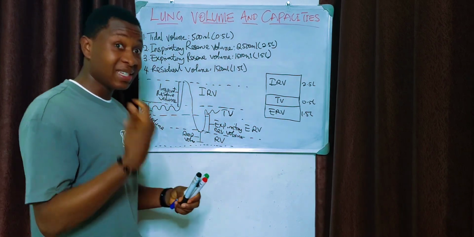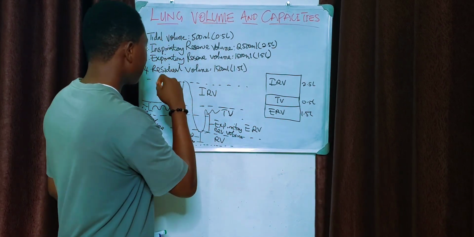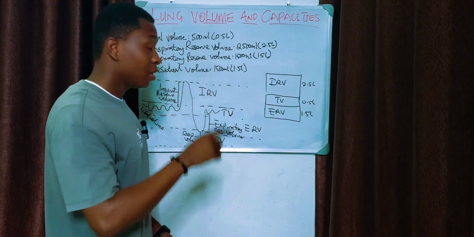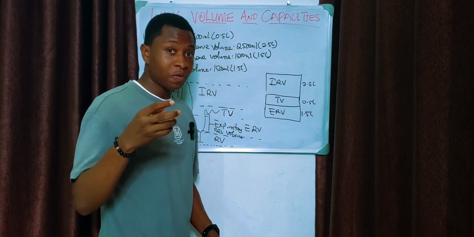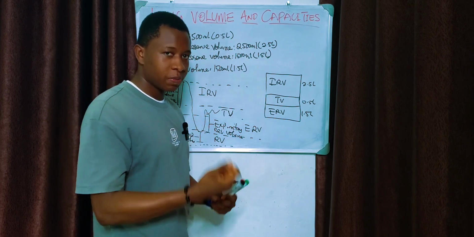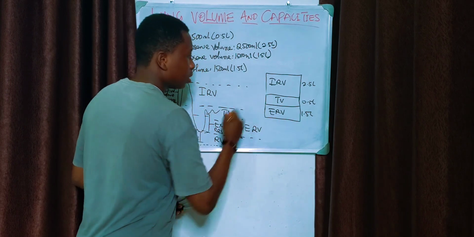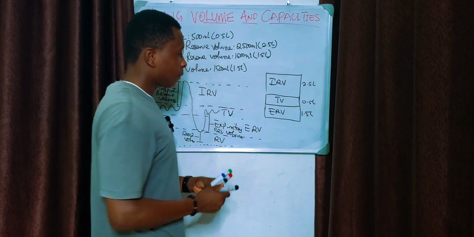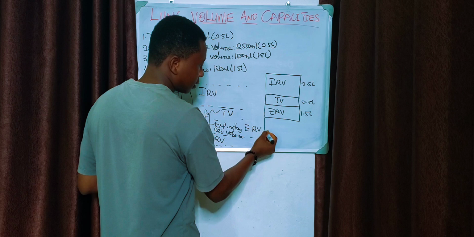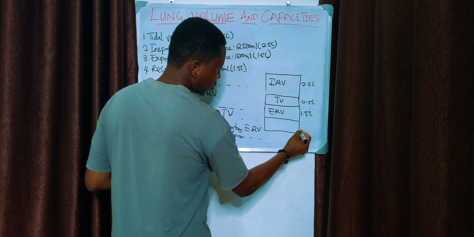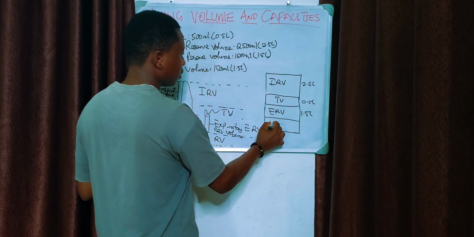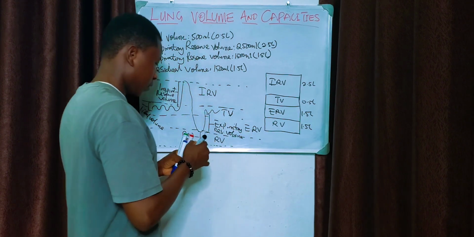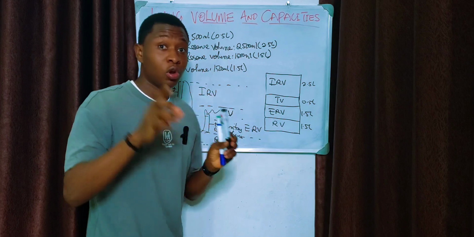Now the next thing is the residual volume. The residual volume is the amount of air that is remaining in the lungs after you expire. So that will come below the expiratory reserve volume. Since it's the same volume, 1.5 liters, it will be the same size. So you label this residual volume, which is 1.5 liters. So this is just about lung volume.